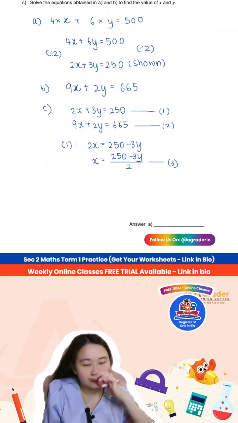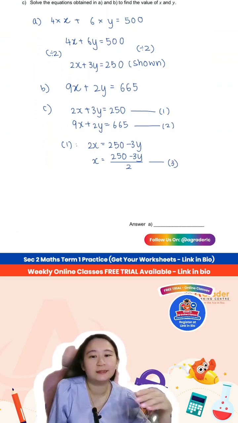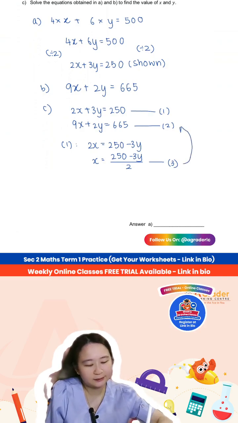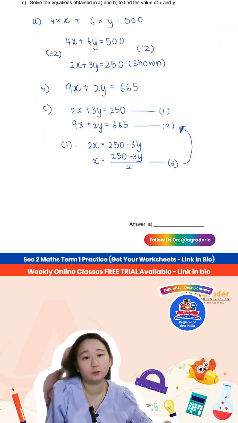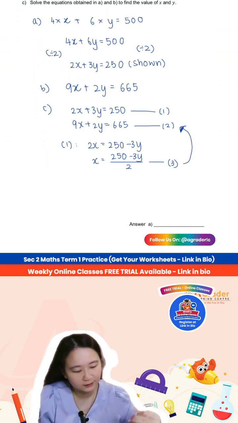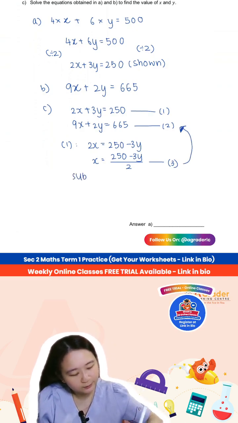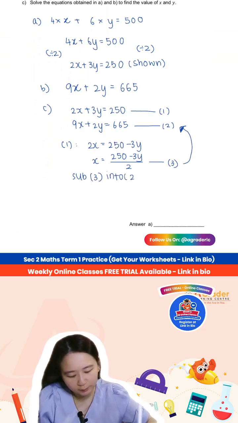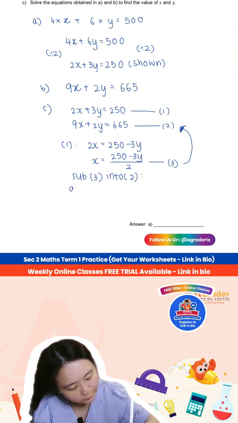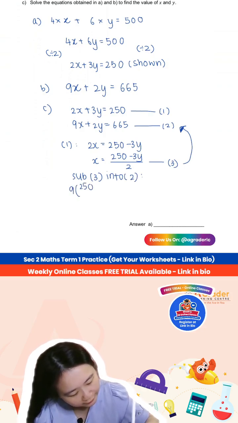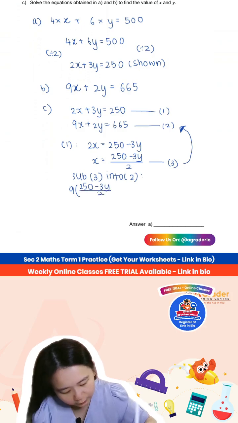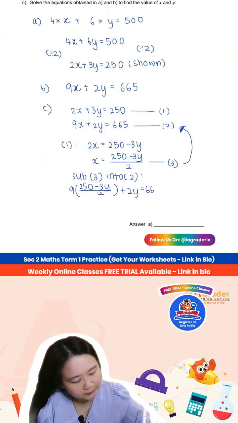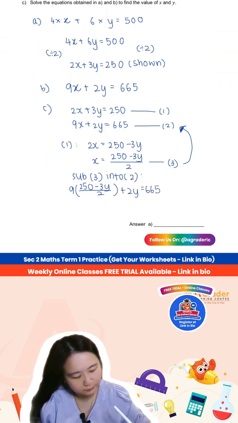Now we have x in terms of y. We can replace our x in terms of y into equation 2, meaning we are doing the substitution method here. So sub equation 3 into equation 2. Replace our x with (250 minus 3y) over 2, plus 2y equals 665.